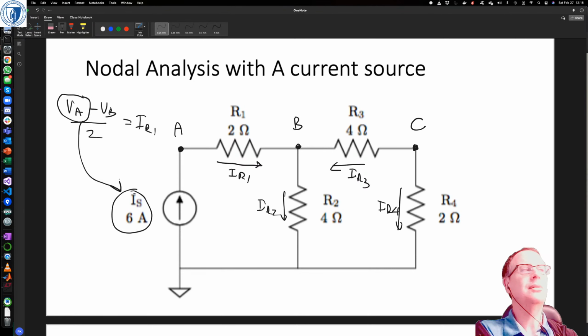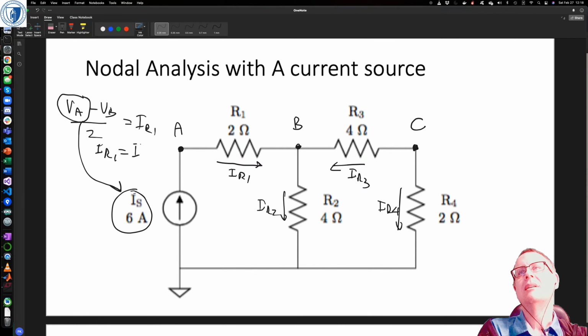Current sources don't tell you what their voltages are. But it's pretty easy to see, I hope, that IR1 equals IS. So that's a no-brainer.